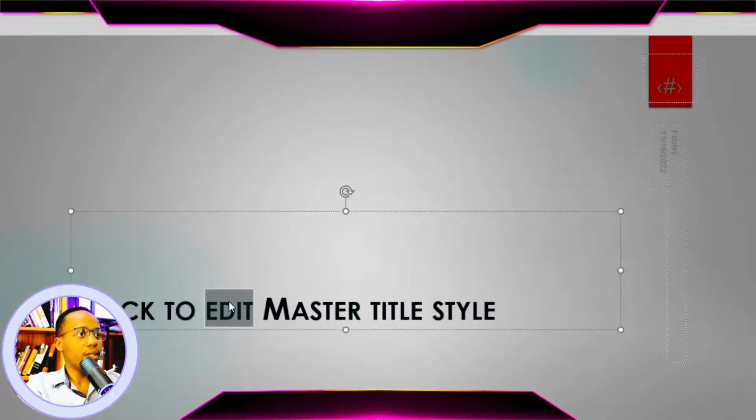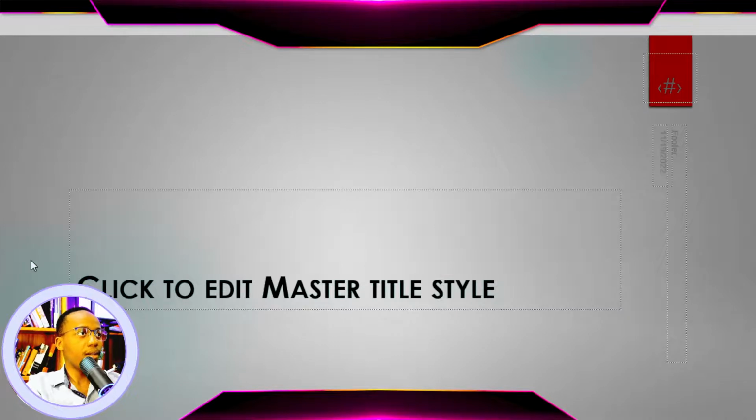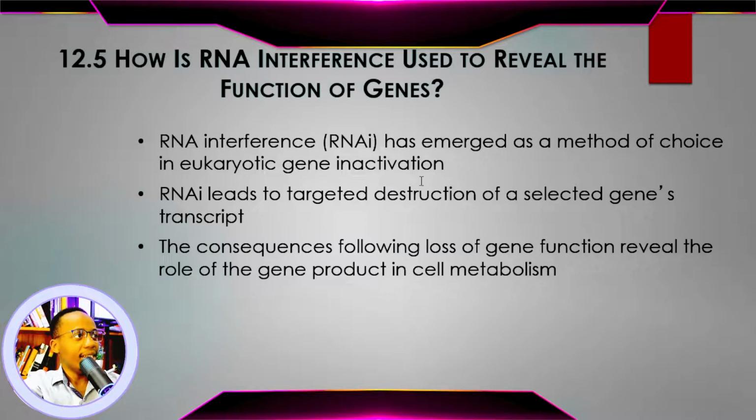All right, RNA interference. So you hear people say RNAi, which is RNA interference. Hold on, give me a minute. I want to fix this once and for all. There you go. All right, RNAi is RNA interference, and this is a way to knock down a gene, right?